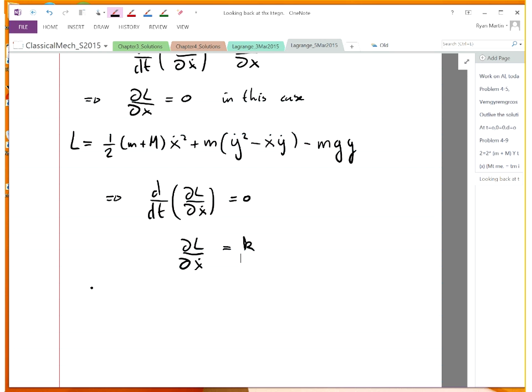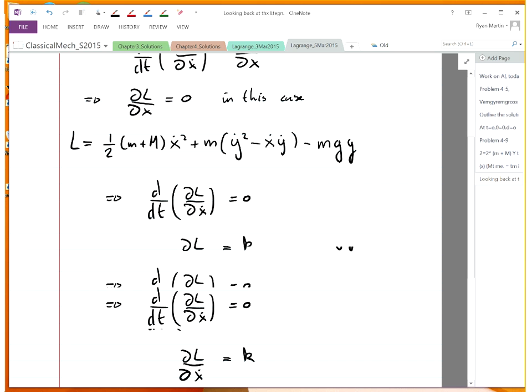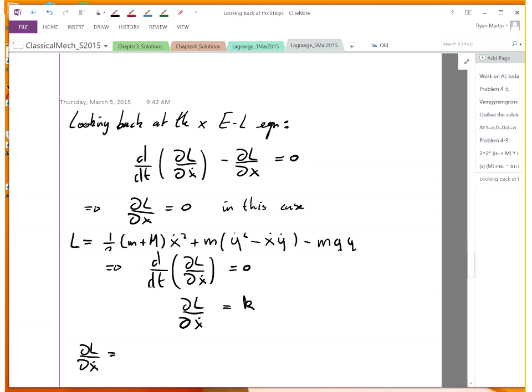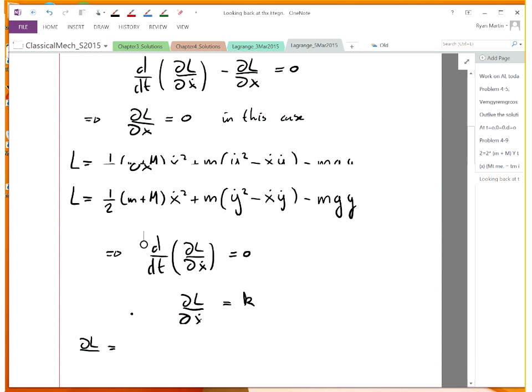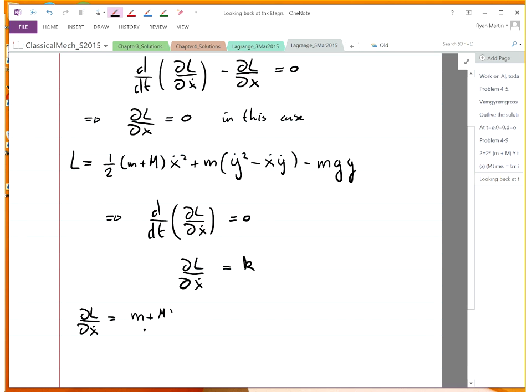All right? So let's go back and look at dL by dx dot. dL by dx dot was equal to, the first term had an x dot, right? So that was (M plus m) x dot. And the second term that had an x dot was minus m lowercase m y dot.